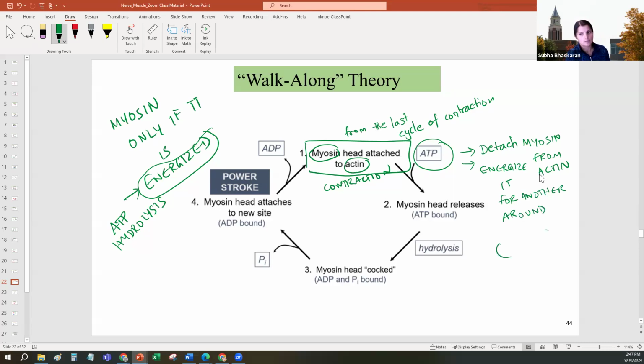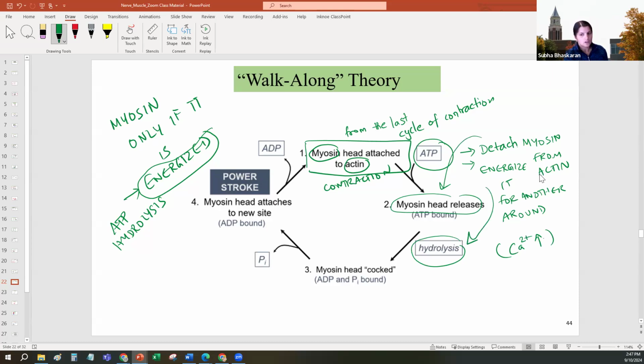Provided what else is available? Calcium is still high. Correct? Two requirements, calcium and ATP. So with ATP, the myosin head releases, then hydrolysis. Do you see that? This is detachment, this is energize, correct? Two consecutive steps.